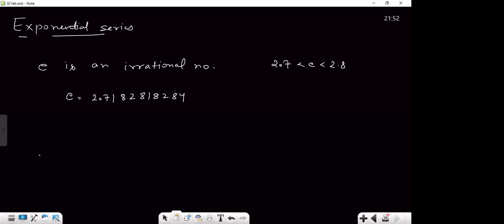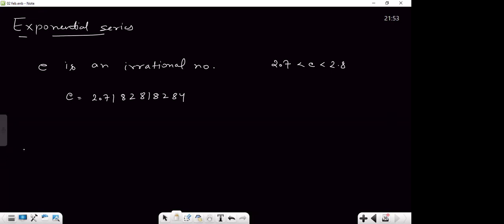And logarithm to the base e is known as the Naperian system, so named after Napier, their inventor. They are also called Napier logarithm. Whenever a logarithm has the base e, then they are called the Naperian system, and also called natural logarithm. We are already aware about that.